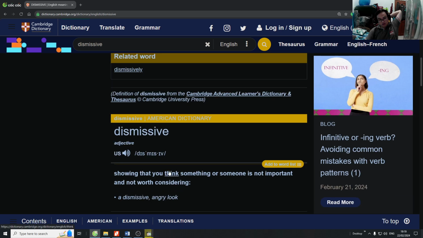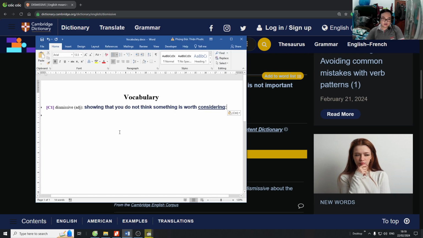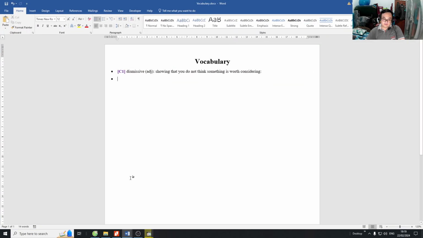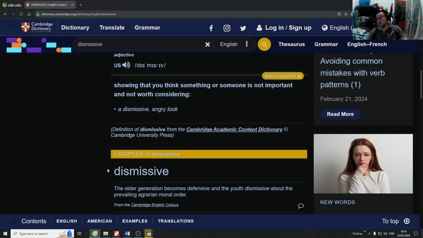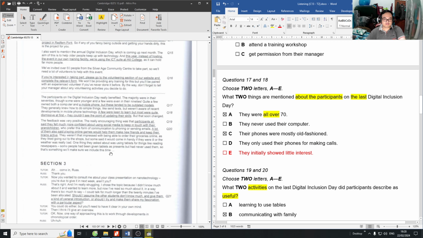I got it answered wrong because I don't know the meaning of these words. Okay, so the meaning of these words is showing that you do not believe something is worth considering. It means you look down on them and you think something is insignificant, less important. That's it. They initially show little interest.